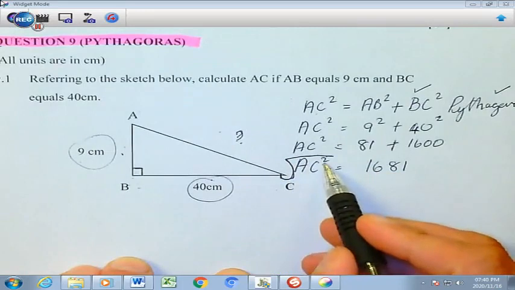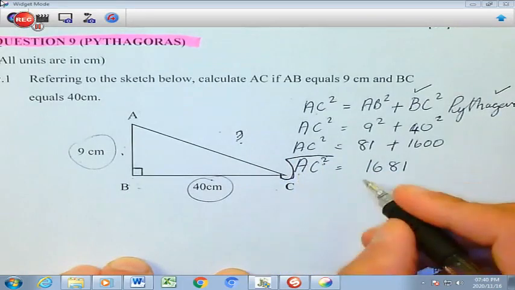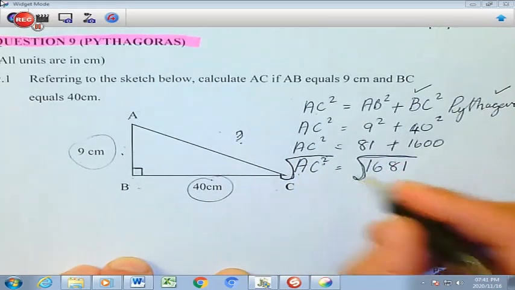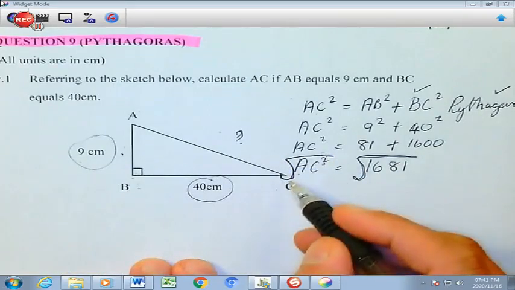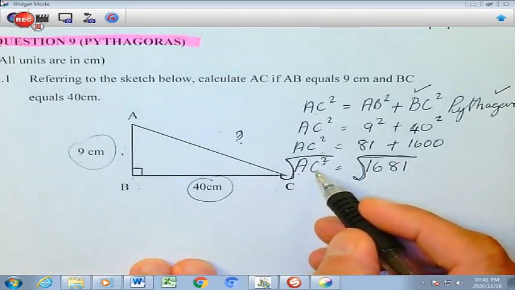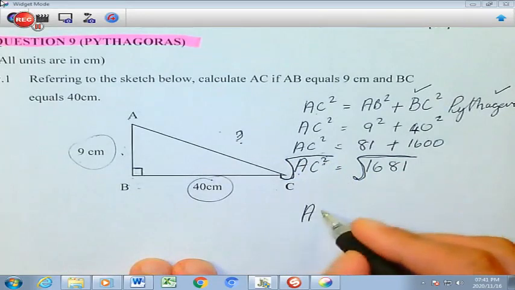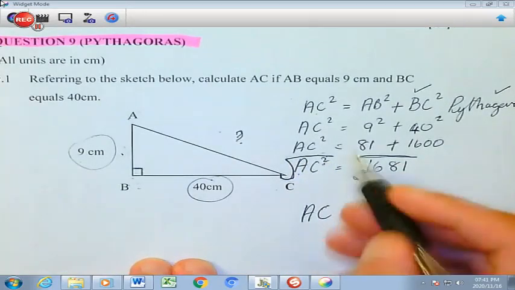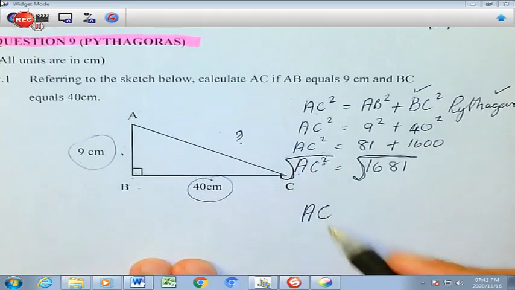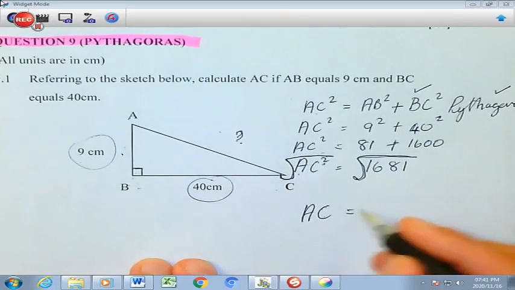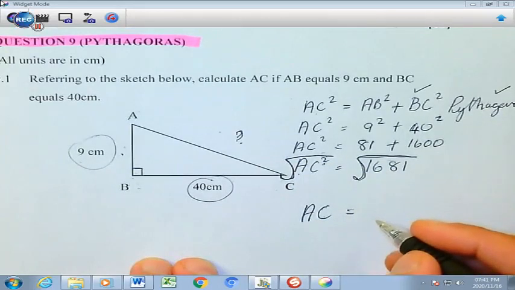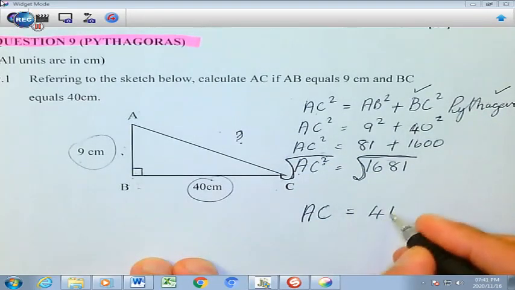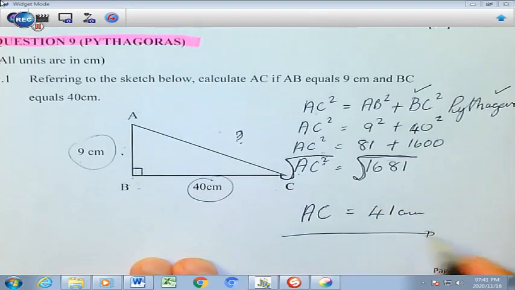That would cancel that. But remember, what you do on this side, you have to do on the other side of the equation as well. Once you have that square root sign over the square sign here, it will cancel each other out, and you will just be sitting with AC, and now AC equals the square root of 1,681, which is going to be 41 as an answer, with centimeters as your unit.